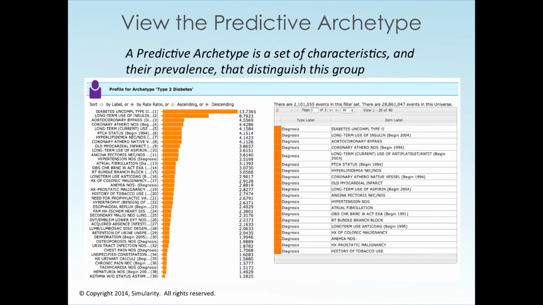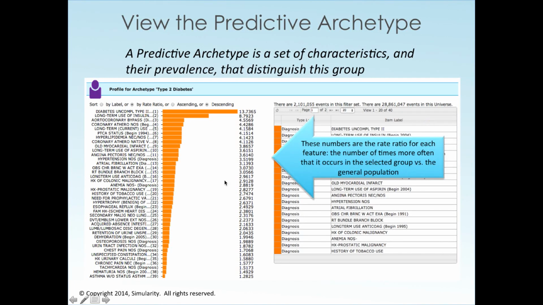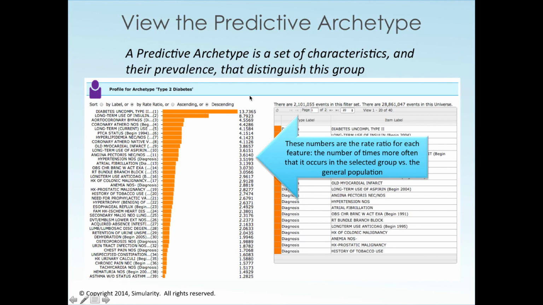This is what the predictive archetype for type 2 diabetes looks like based on the data that we have. Now, based on your data, it might look entirely different, but this is the predictive archetype based on the data that we have. And you can see things like aortocoronary bypass, and a lot of other diagnoses that are correlated with diabetes. These numbers over here on the right are the rate ratio for each of these features.